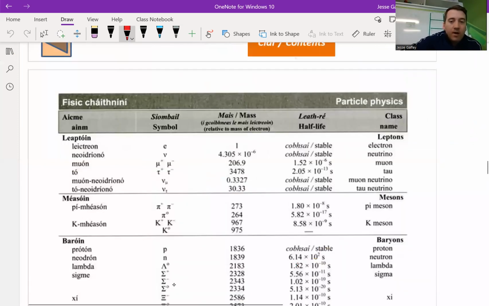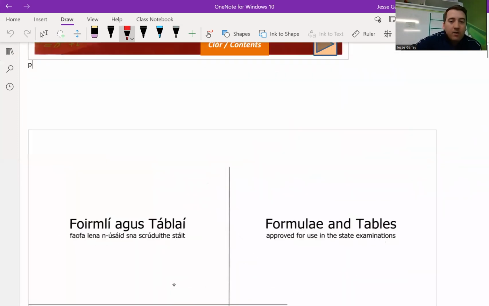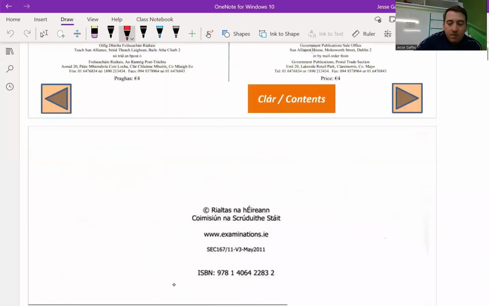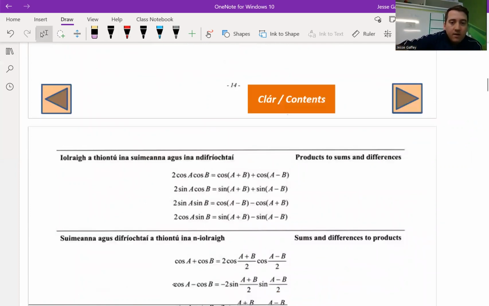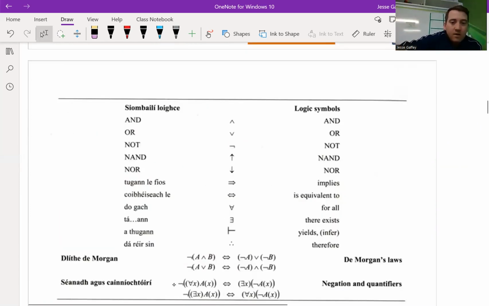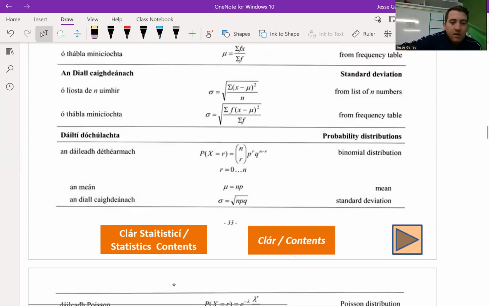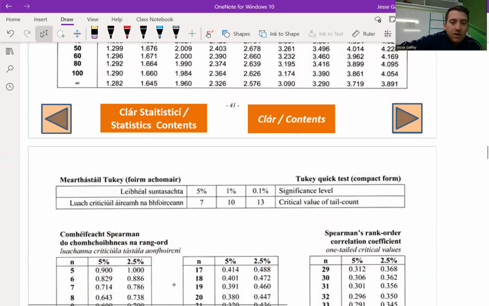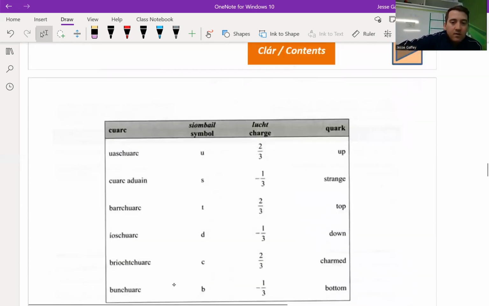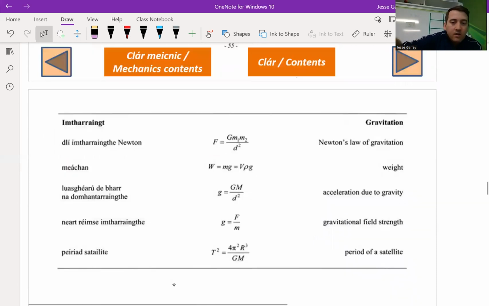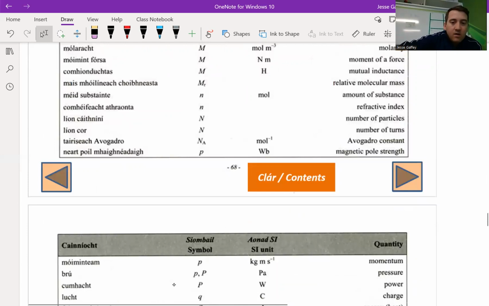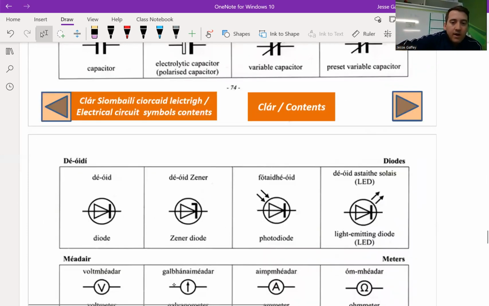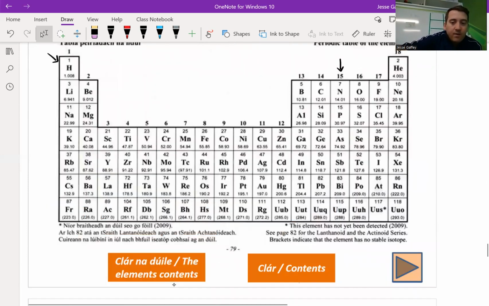Look at your periodic table too and see what I'm on about.